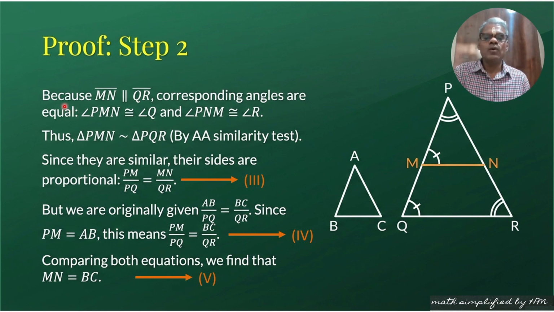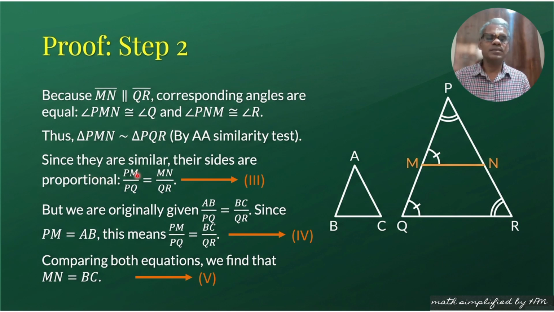Now we have found that segment MN is parallel to segment QR. Corresponding angles are equal. Thus, angle PMN is congruent to angle Q and angle PNM is congruent to angle R. Thus, triangle PMN and triangle PQR are similar by AA similarity test.